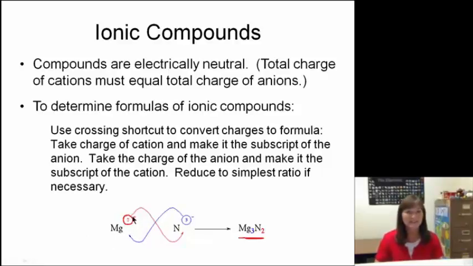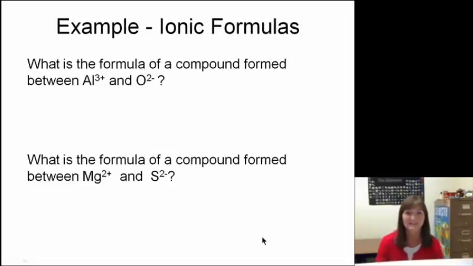So since magnesium is a 2 plus, that 2 is going to become the subscript over here for the nitrogen. And the nitrogen becomes a 3 minus, and so that 3 becomes the subscript for magnesium. So that's where we get the 3 for magnesium and the 2 for the nitrogen. So that's how we're going to do our formulas for ionic compounds.